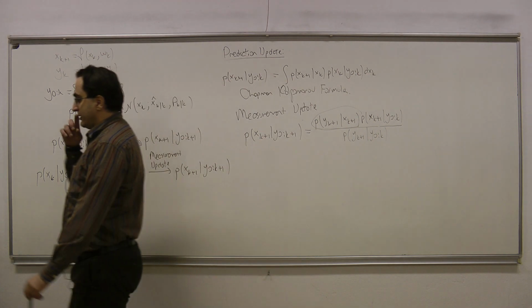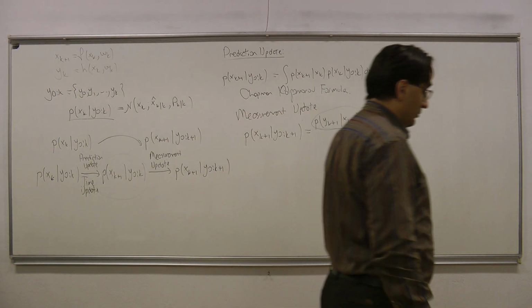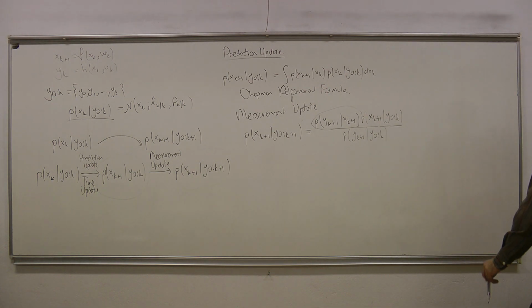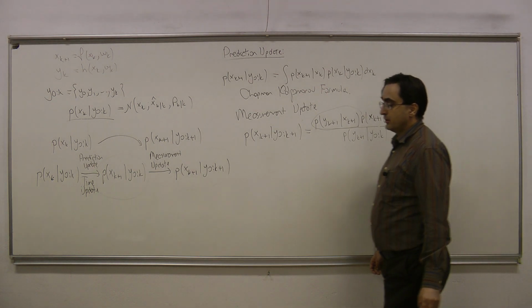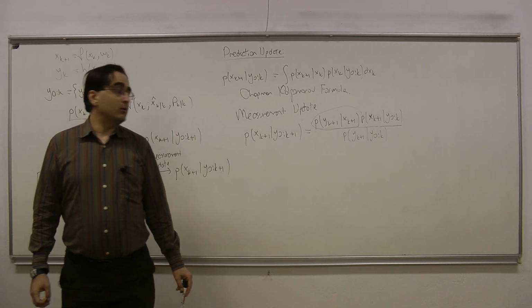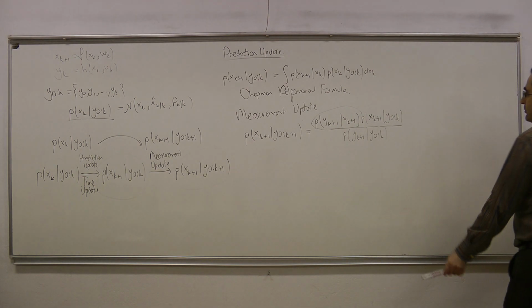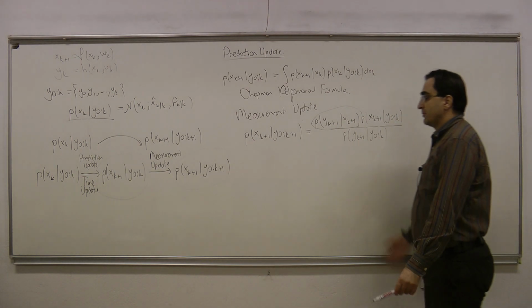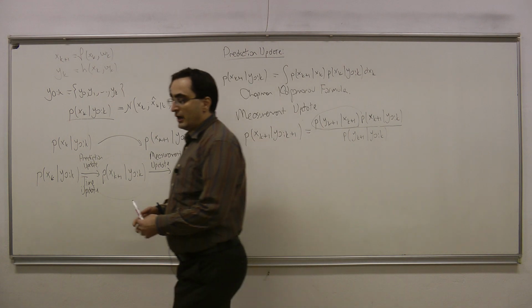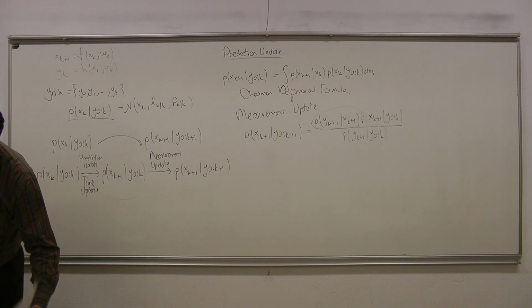Bayes is a very important statistician, and almost all estimation theoretic methods nowadays use the so-called Bayesian approach. So we are going to be able to derive such a formula using Bayes rule, and that is going to be a part of our probabilistic review in this lecture.